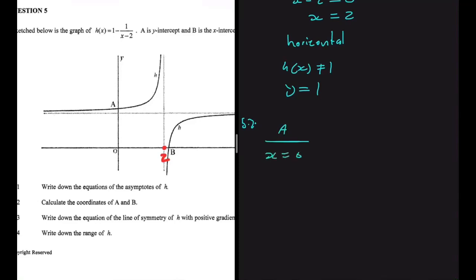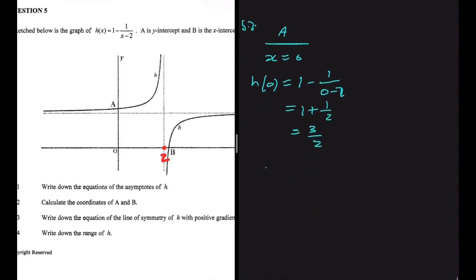So if we substitute that into h of x, h of 0 will be equal to 1 minus 1 divided by 0 minus 2, right? So we just have 1 plus a half. And what is 1 plus a half? That's 1.5, or 3 divided by 2. So the coordinates of A, we have 0 as the x value and 3 divided by 2 as the y value.